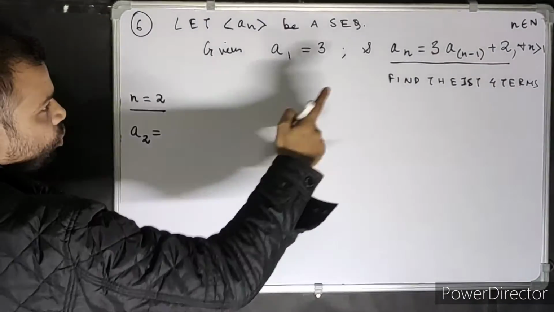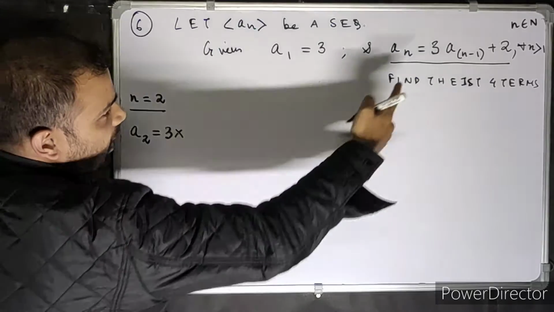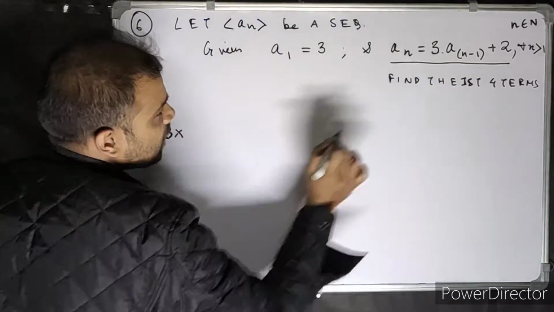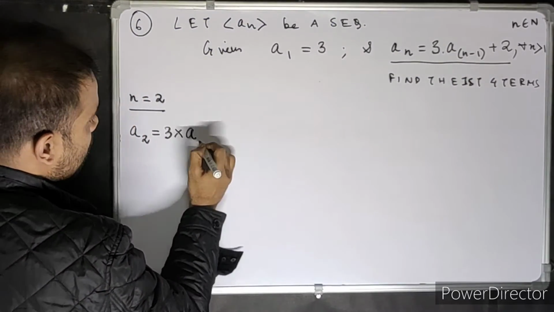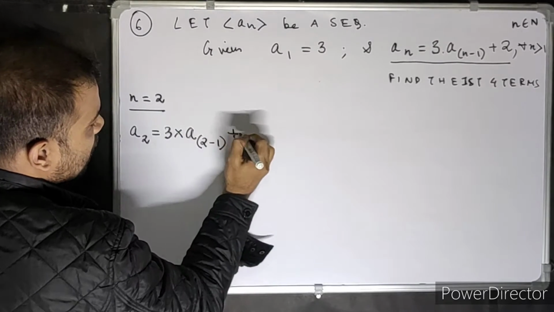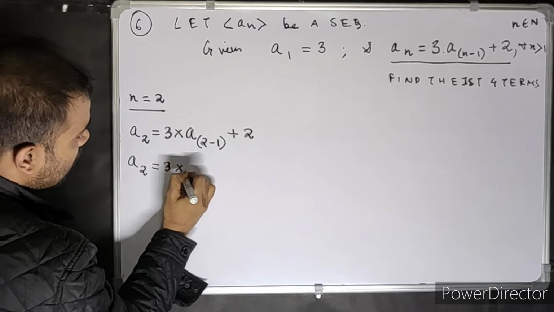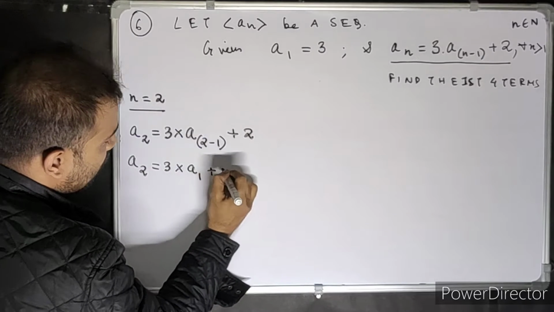So n equals 2, put 2 over there, then you write 3 into a, what you have to put? 2 minus 1 plus 2. Now write a_2 is equal to 3 into a_1 plus 2.